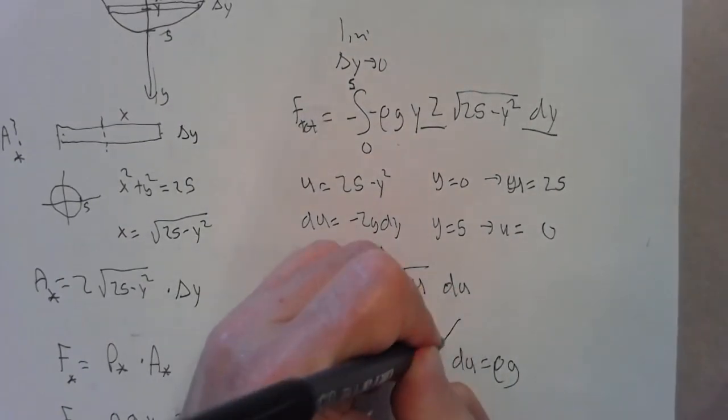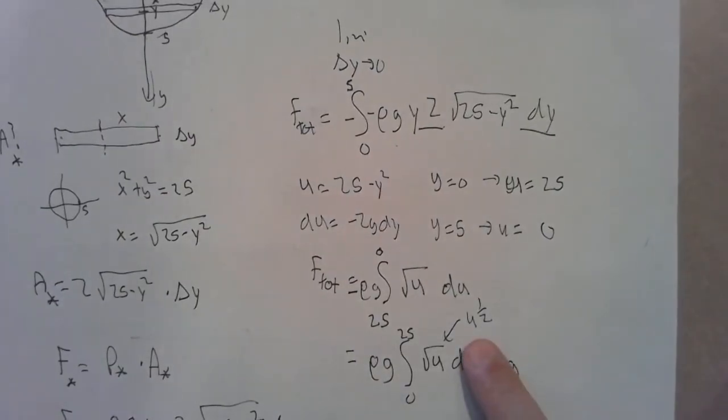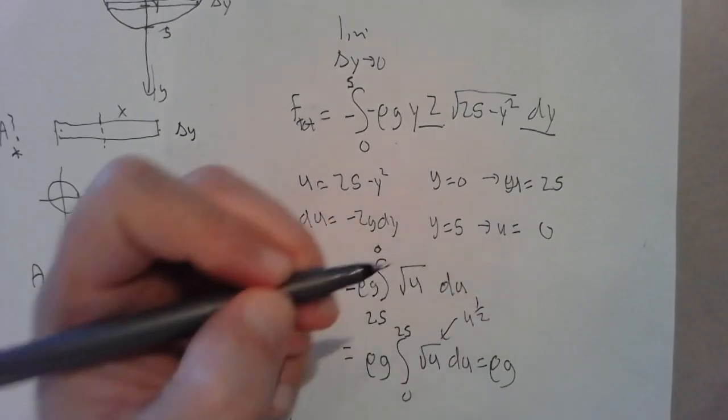Remember that is u to the 1/2 power. So the antiderivative, we raise the exponent up by 1 and divide by the new exponent.